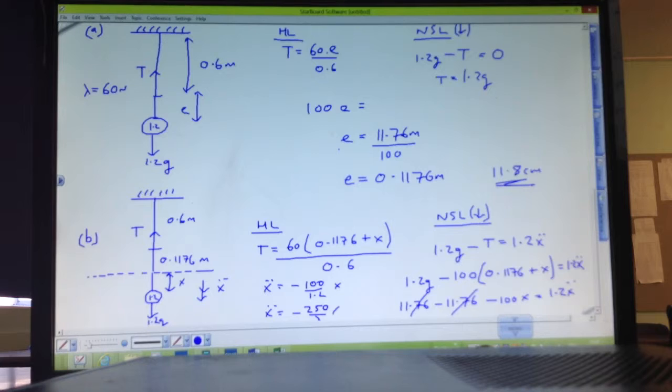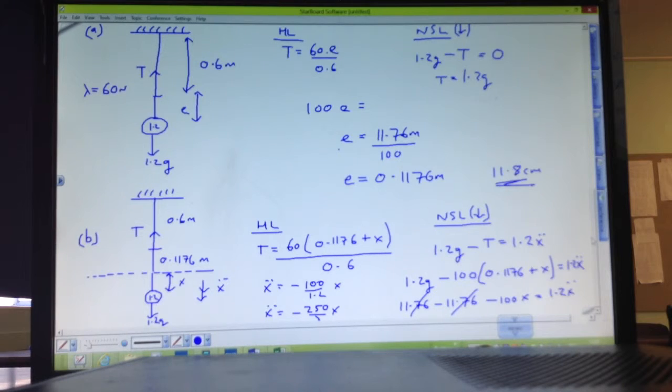Okay, so 250 over 3x. And you need to finish off that statement saying that the acceleration is proportional to its displacement and is always facing the centre. Okay, and then I'd say therefore x dot dot equals minus omega squared x. Okay, so that's that bit. That's how you prove simple harmonic motion.